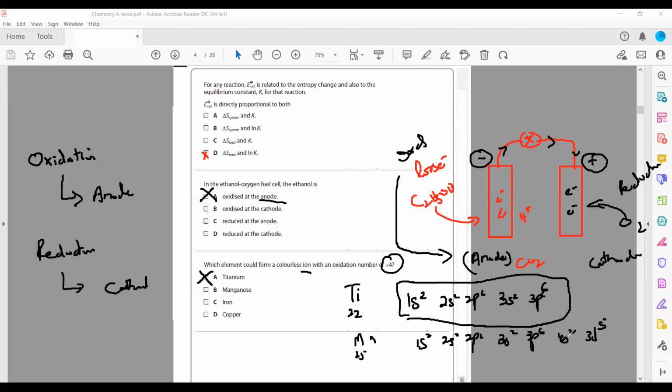When electrons are lost, 2 will be lost from here and 2 from the d, so it will have 4 in the d. So it has a partially filled d orbital. That's why it will form a colored compound. And like this, it will happen for the rest. For titanium, because there is no partially filled or incomplete d orbital, it does not form a colored compound.